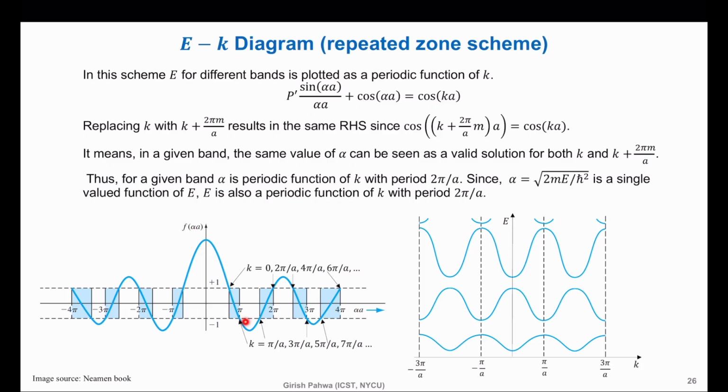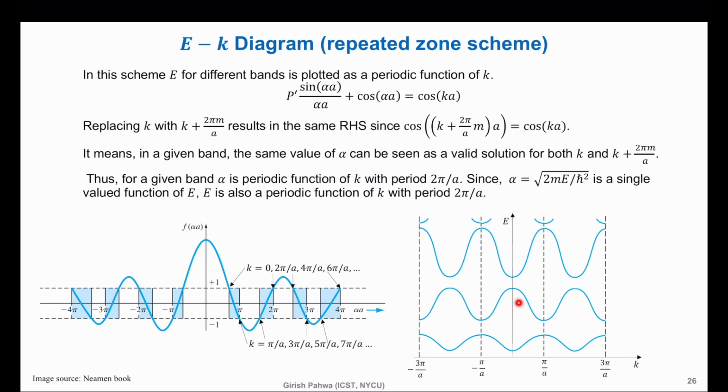Say I'm going from 0 to pi by a, and again if I go from 0 to minus pi by a, this branch I can plot. But it's a periodic function, so this portion is going to repeat. The same portion I have replicated here, and here. You can repeat it. So it's called the periodic zone scheme.